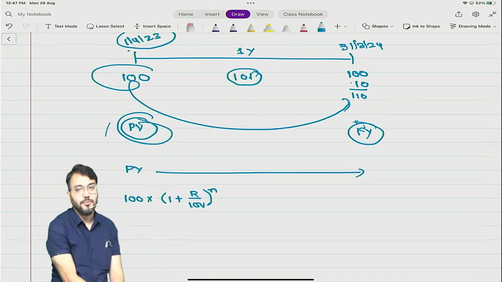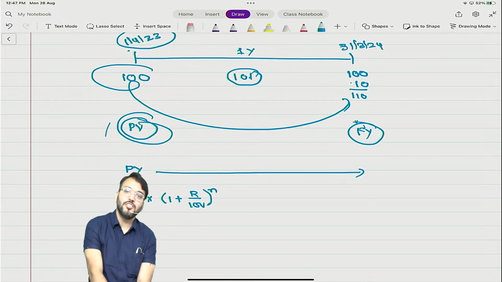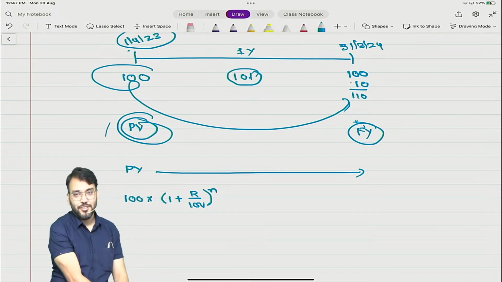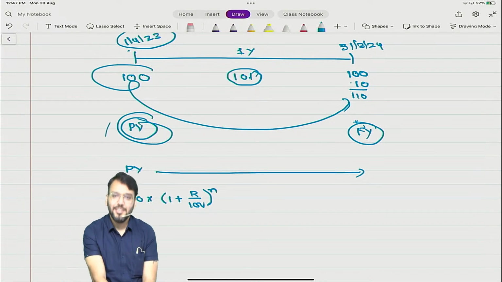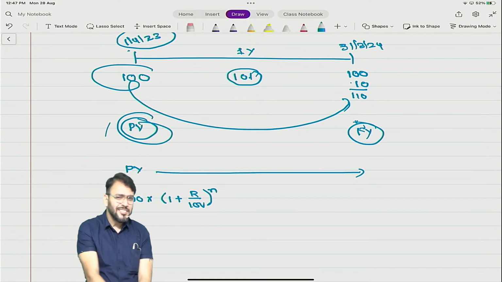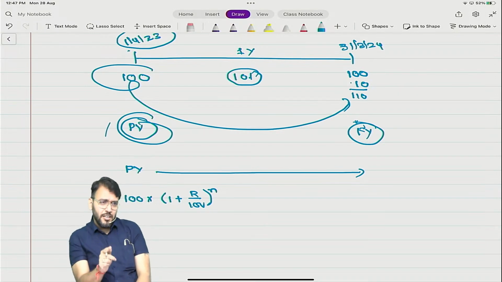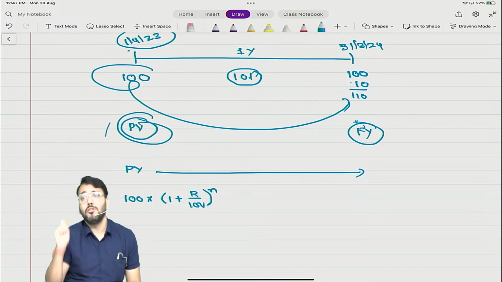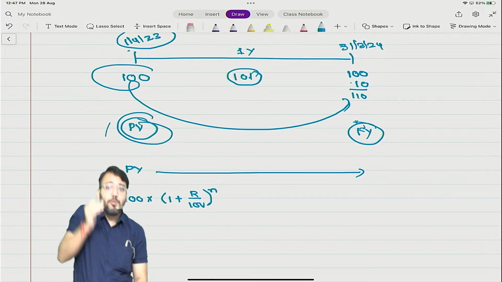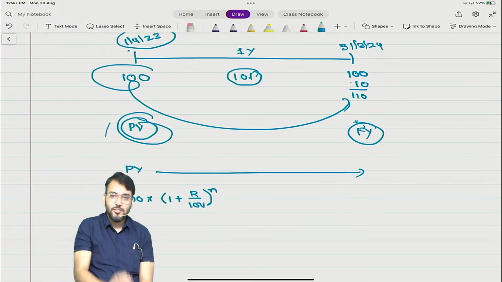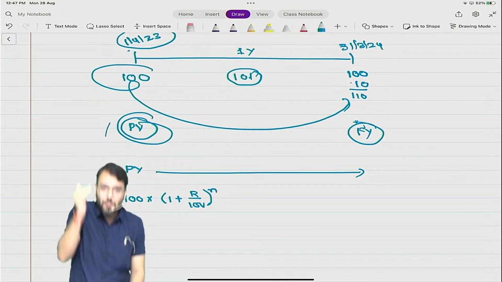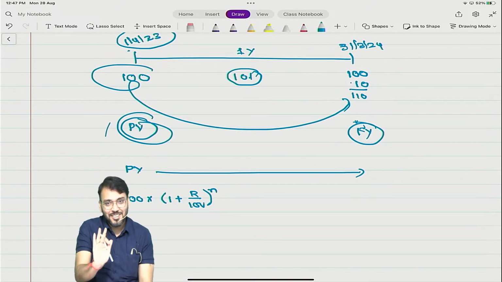We apply this mathematics formula, where r is the rate of interest and n is the number of years. Understood? Simple formula: 100 (1 + r/100)^n. This must be to the power n. Those who have not done mathematics, I am asking that. To the power n. Understood? Yes, sir.